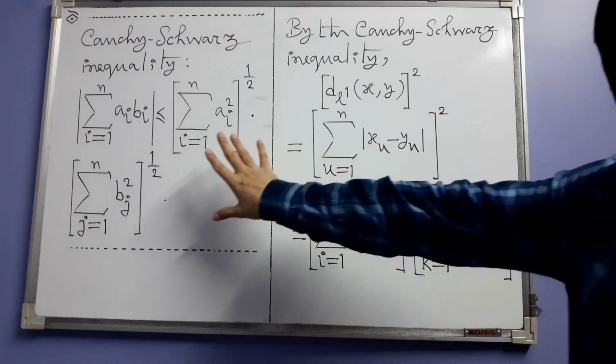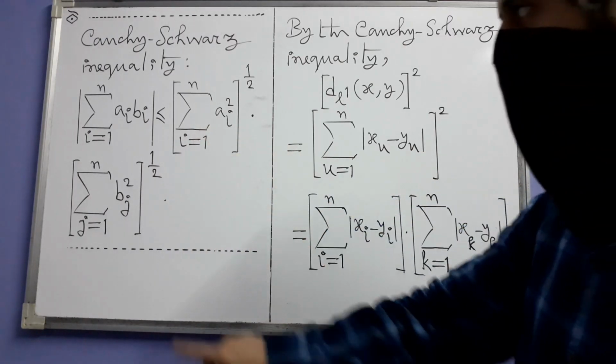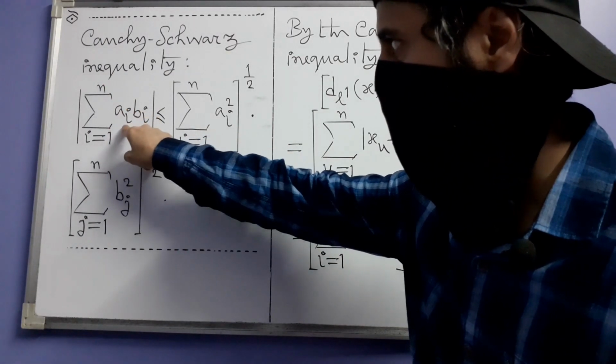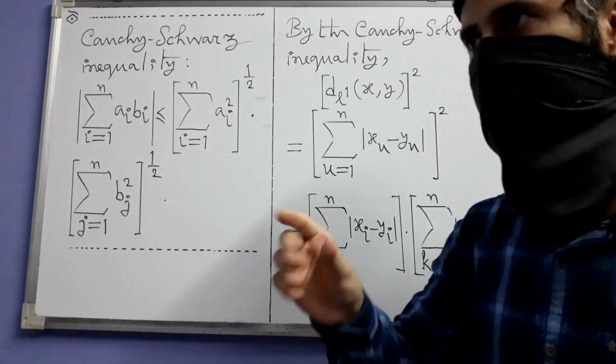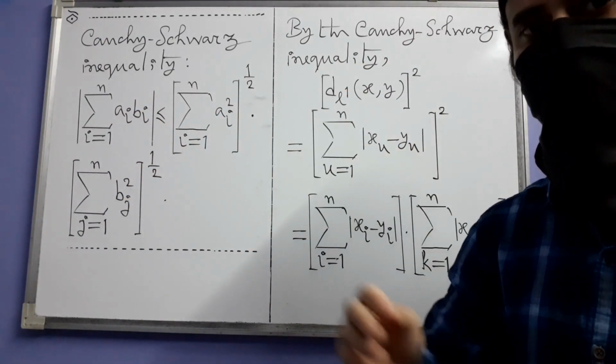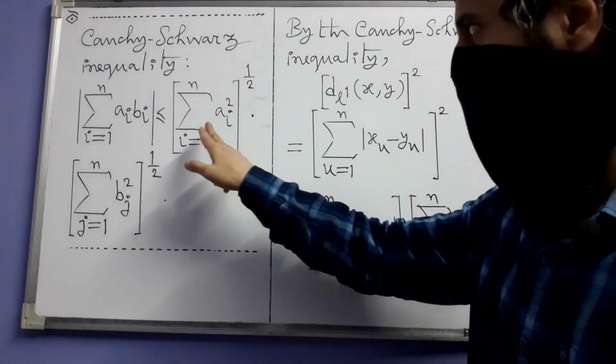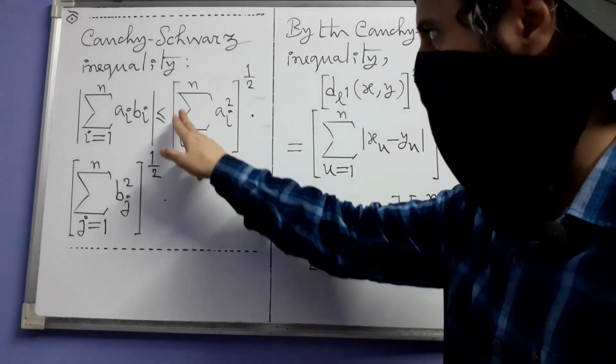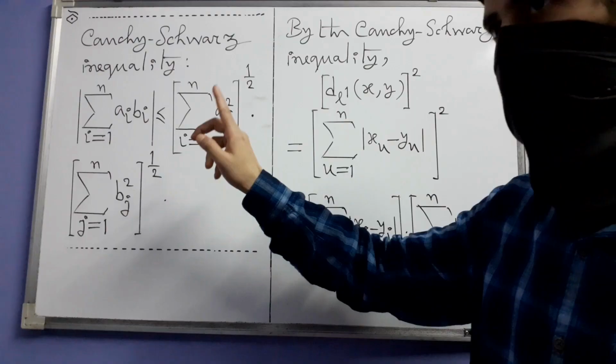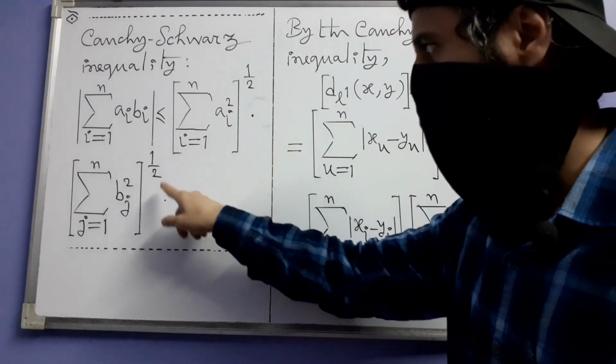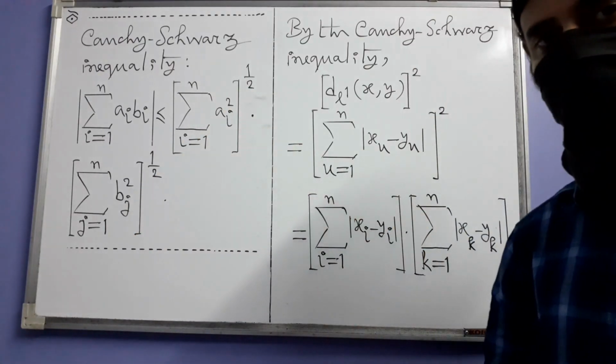Again, before we get rid of this part, let's recall that the summation of some terms which are products of two terms, its absolute value is less than or equal to the square root of the sum of squares times the square root of again the sum of squares.